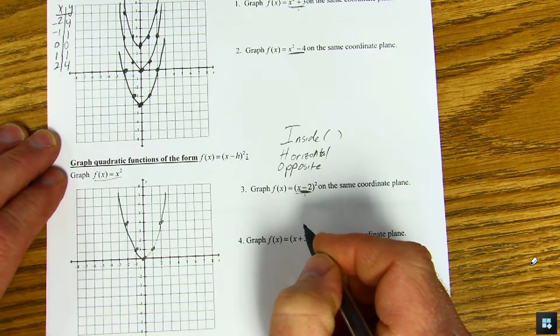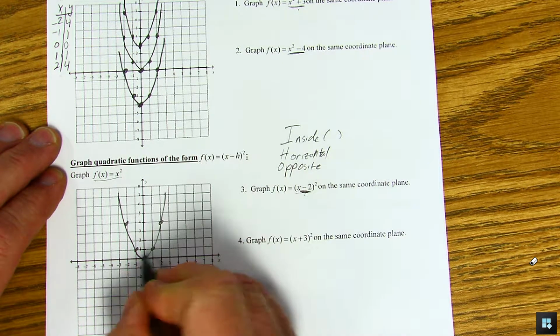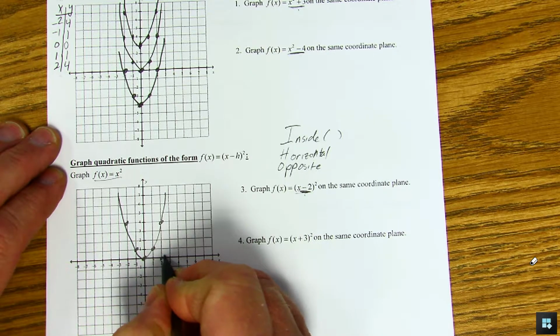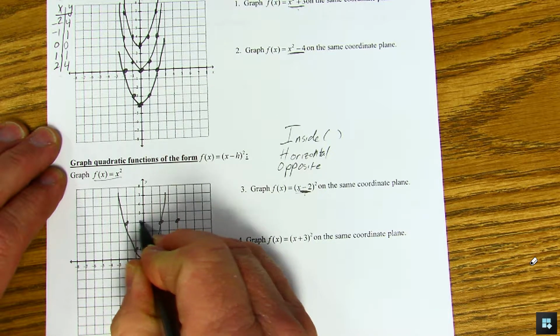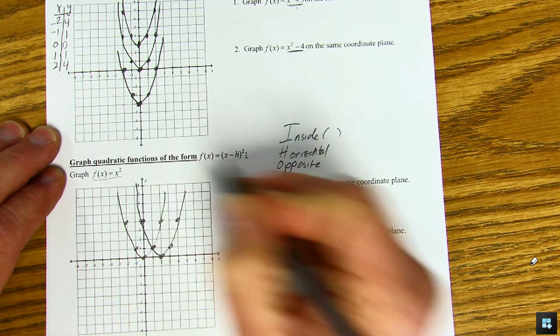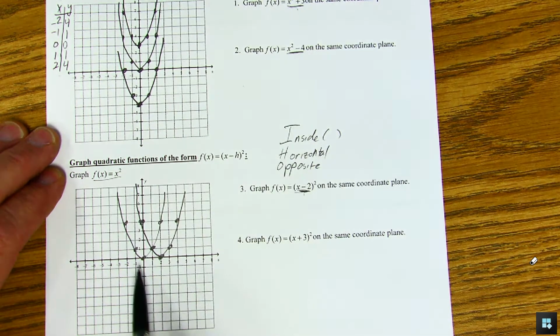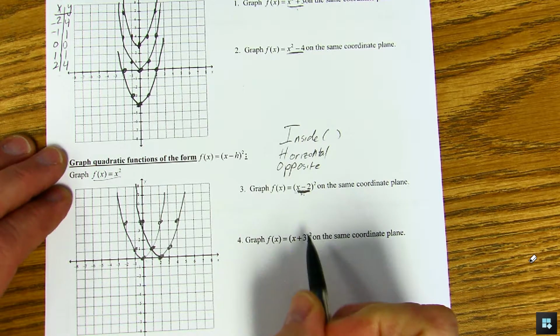-2 on the inside is a horizontal shift. Opposite of -2 would be to the right 2, and there is our new parabola. It looks identical to our original, just shifted to the right, because it's inside the parentheses, so we go opposite.